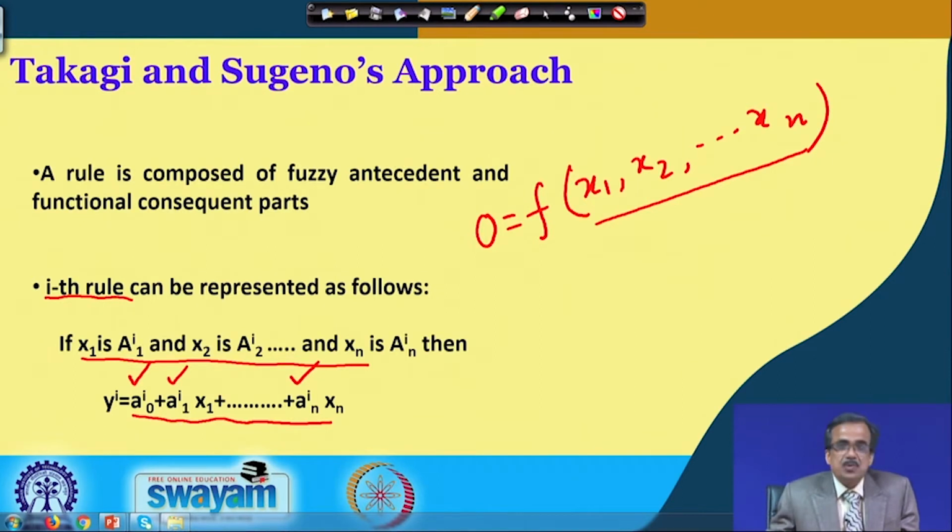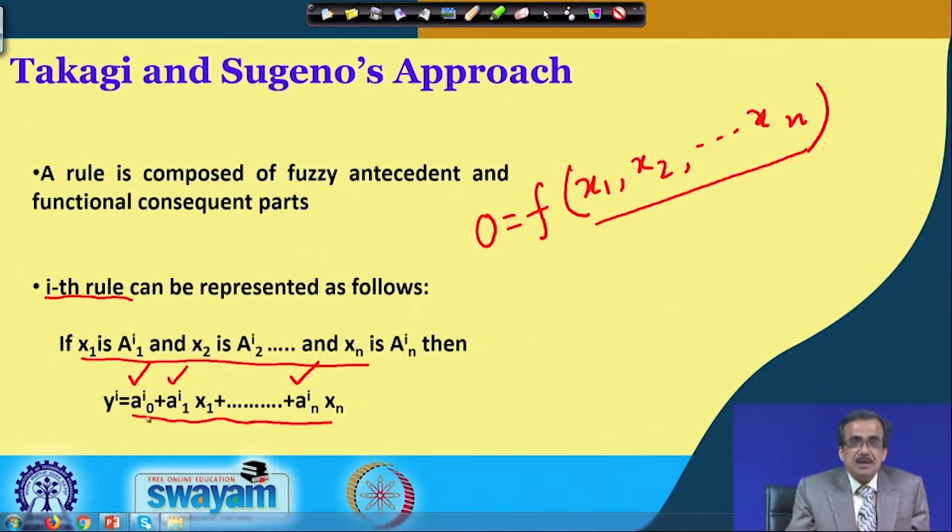We take the help of some optimization tool, and with the help of some available data, we try to find out what should be the numerical values of these coefficients. Generally we use an optimization tool that is known as least square technique. So, this least square technique we generally use to find out the values for the coefficients.